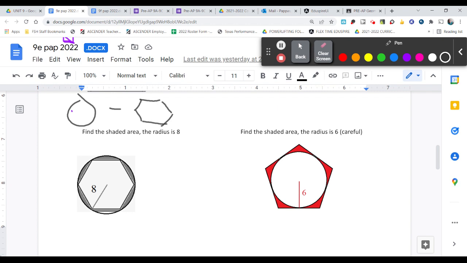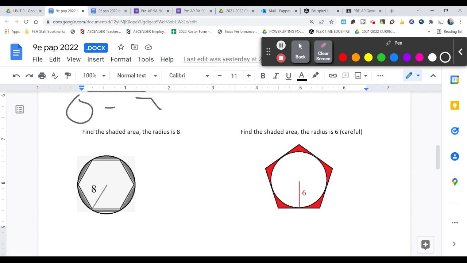Okay? So if we find the area of the circle, that's all of this, right? The area of the circle is all of that, right? Well, if we take away the hexagon, so we take all this stuff away, we're left with the shaded area, okay? So we have to find the area of the circle.